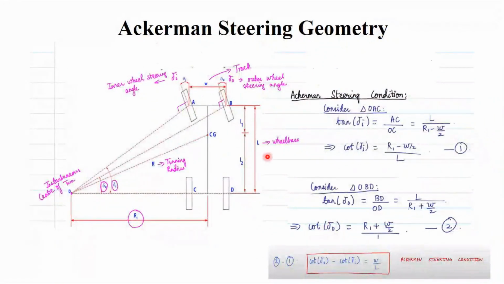So the ratio between the wheel track to the wheelbase should be equal to cot of the inner wheel angle minus cot theta of the outer wheel steering. Okay, this is the Ackermann steering mechanism, or the condition that it satisfies.